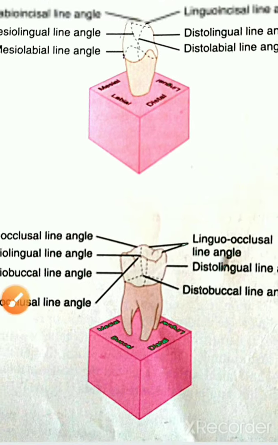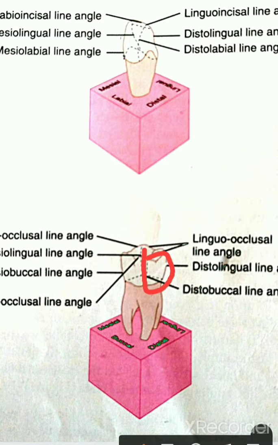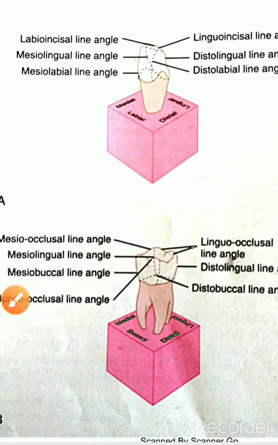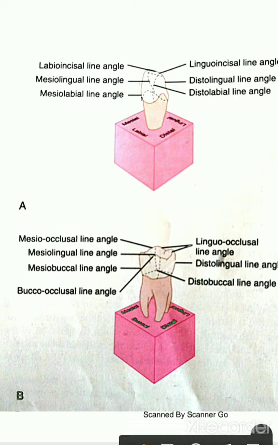So here we completed 3, and now I draw the distal surface. We already discussed the distobuccal and mesiobuccal line angles, and the extra line angles we have are the mesio-occlusal line angle and the disto-occlusal line angle.